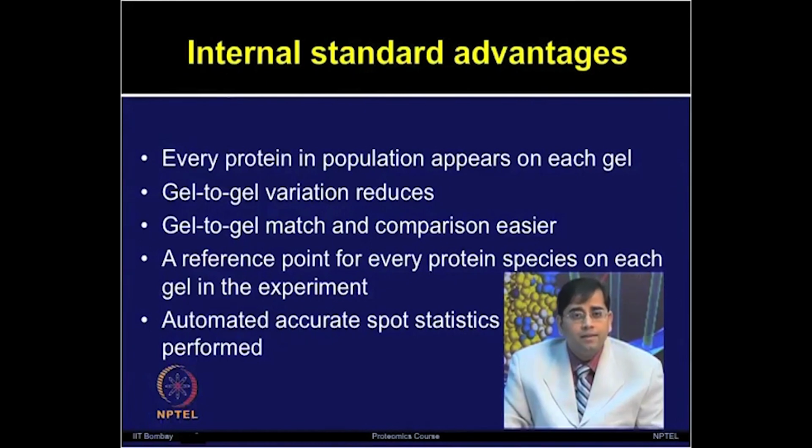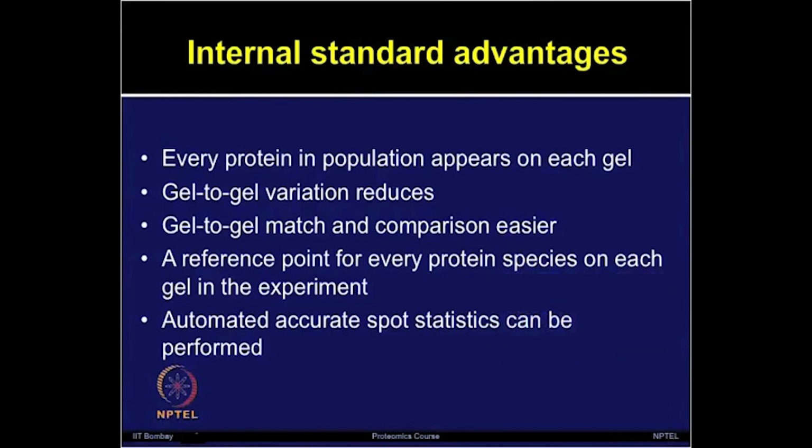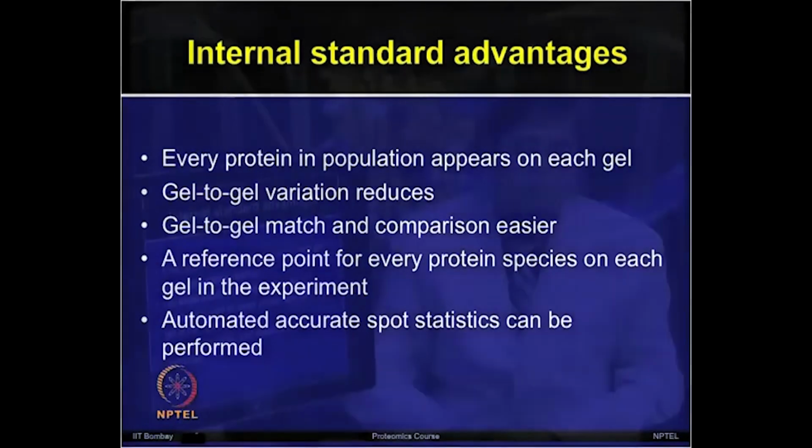This internal standard creates a reference point for every protein on each gel in the experiment. Later on, when software performs data analysis, this results in accurate spot statistics and more meaningful biological data can be interpreted from this analysis.